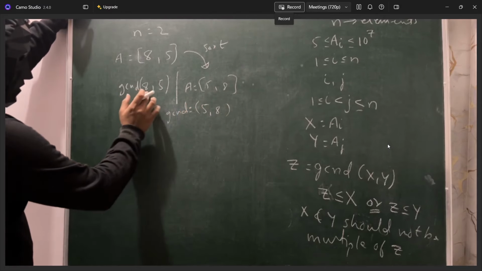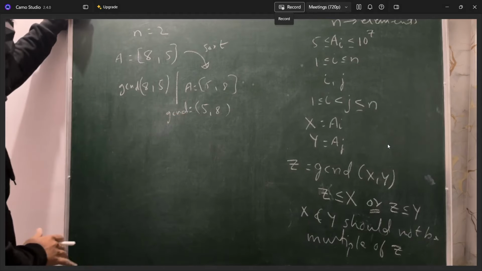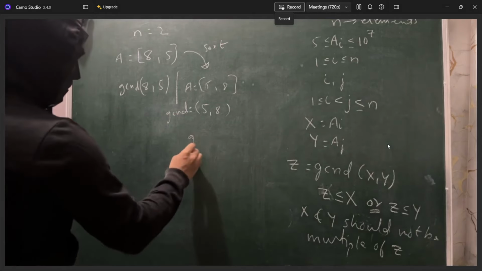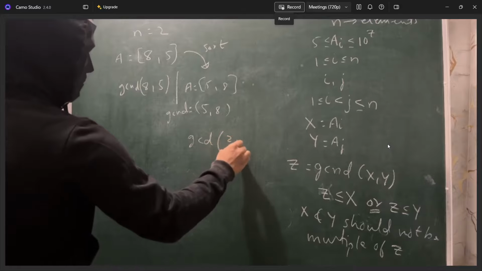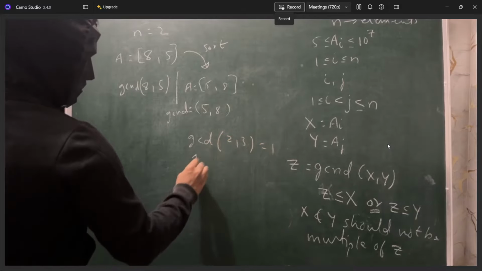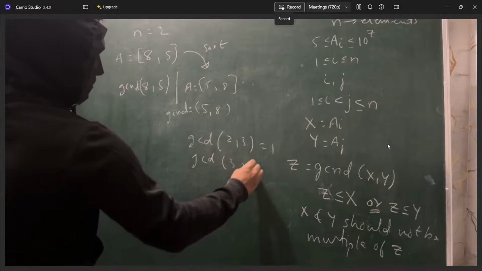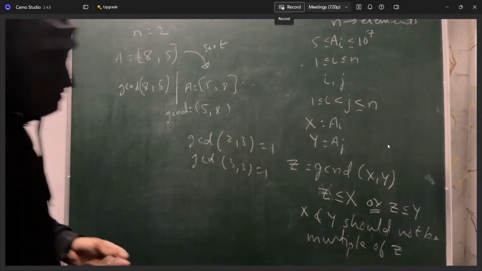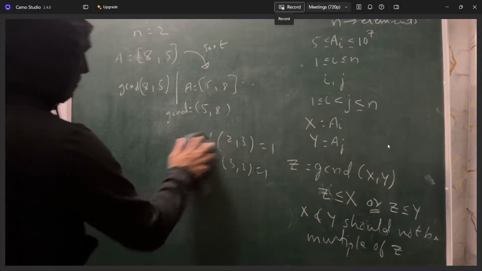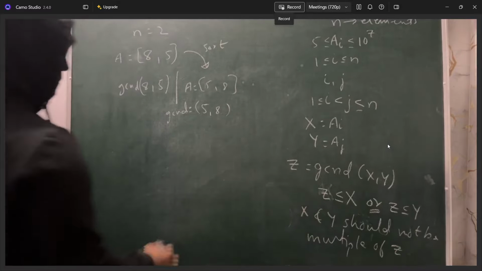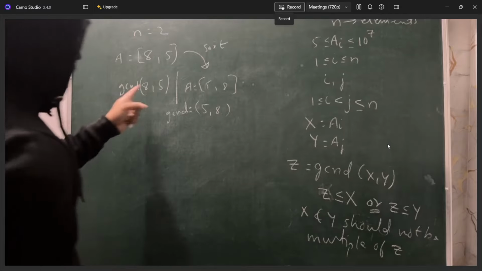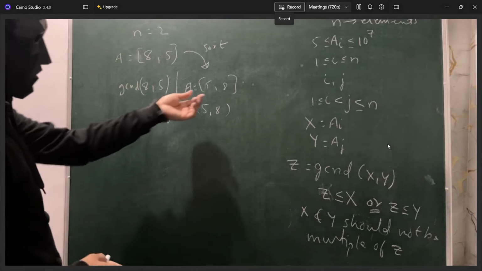So the GCD of 8 comma 5 and 5 comma 8 are the same. Like the GCD of 2 comma 3 is 1, and the GCD of 3 comma 2 is also 1. In the same way, the GCD of both is the same.